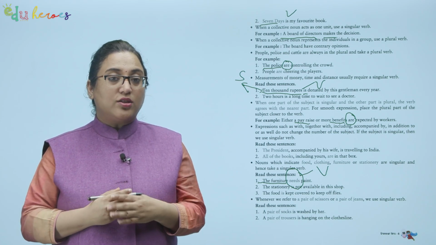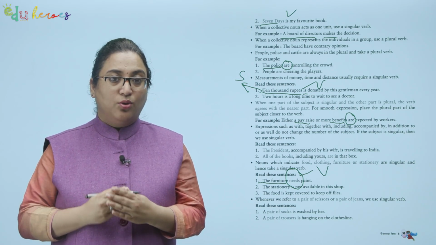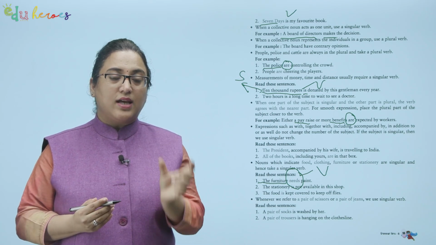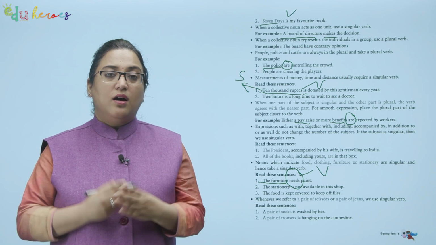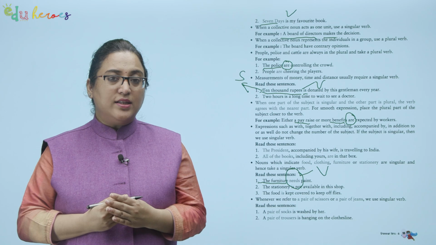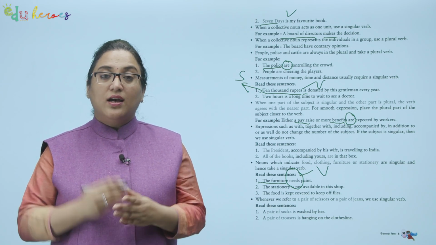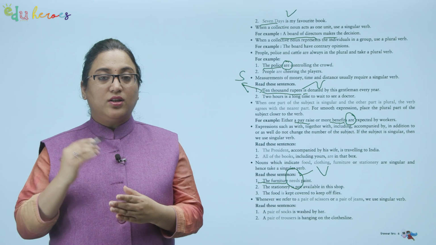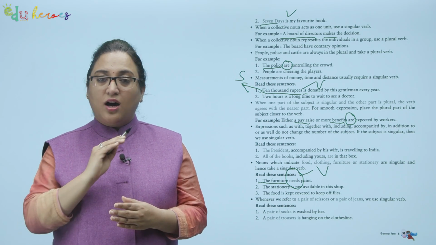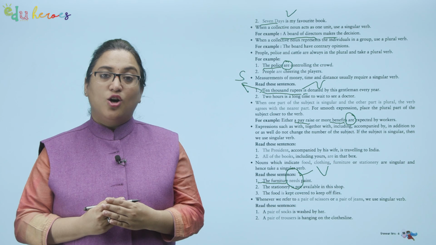You might think that socks is plural, so I will use a plural verb. No, consider this as one entity, as in a pair of socks. Read it entirely and then consider it singular. Similarly, a pair of trousers is hanging on the clothesline, not are hanging. So is is the correct usage of verb here.